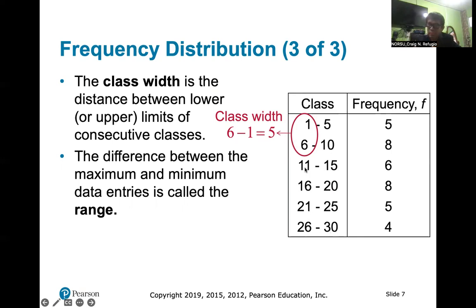If we look at these 2 as consecutive lower limits, 16 minus 11 will give you 5. The difference between the maximum and minimum data entries is called the range. That is, the maximum minus the minimum value is the value of the range.